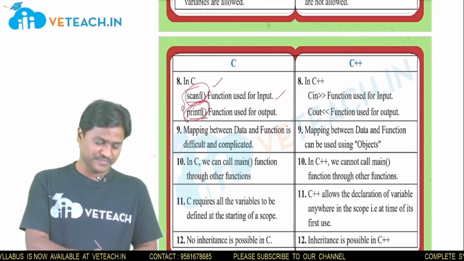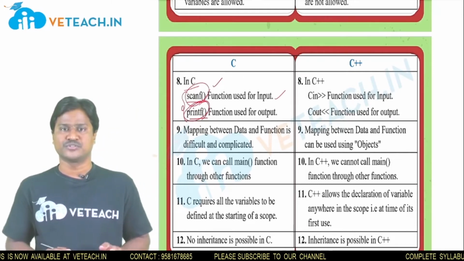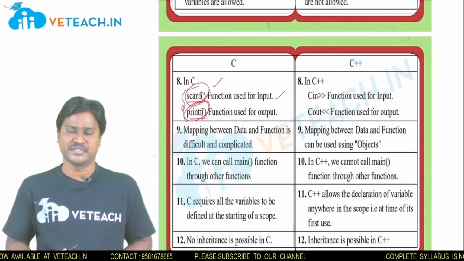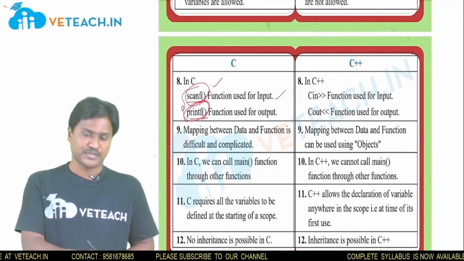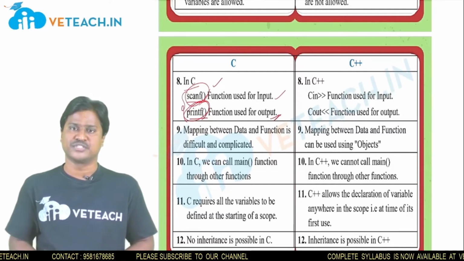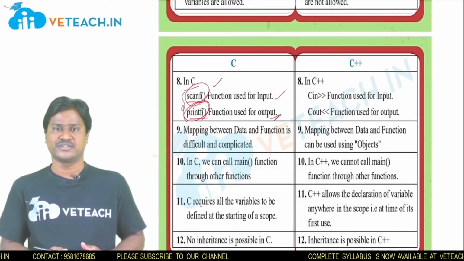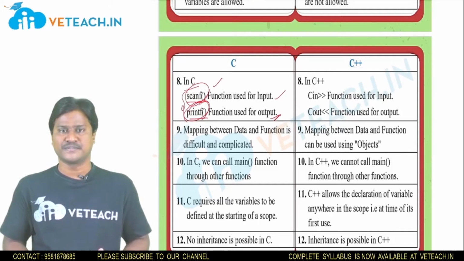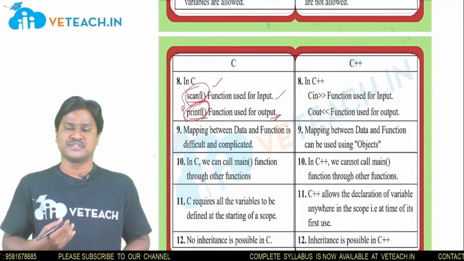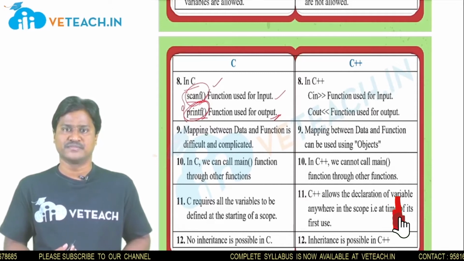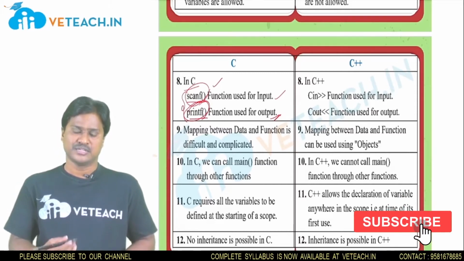Coming to printf, after we process and apply operations on data, the results are displayed to the user by using printf. This is called an output operation: we get some results after executing the program, and that information is transferred to the computer display for the user to collect the output from the program execution.